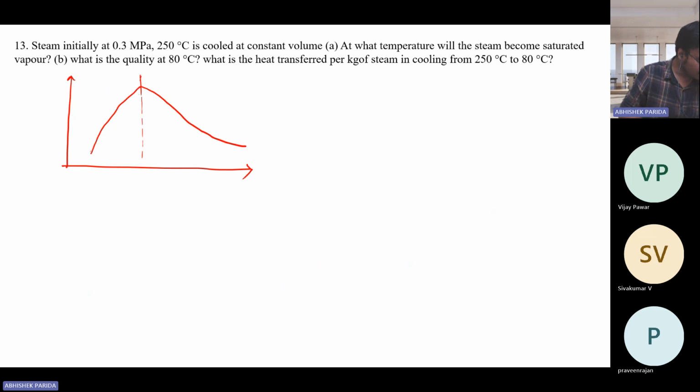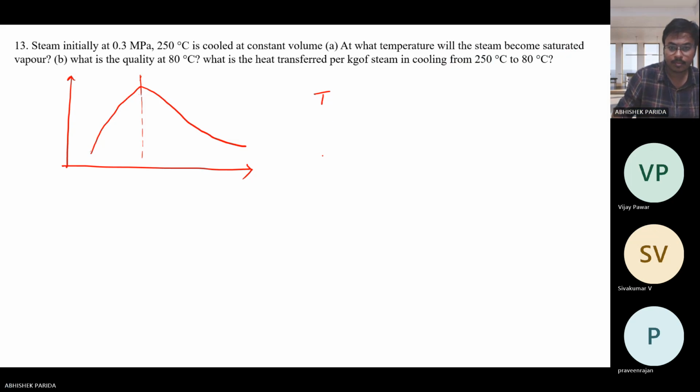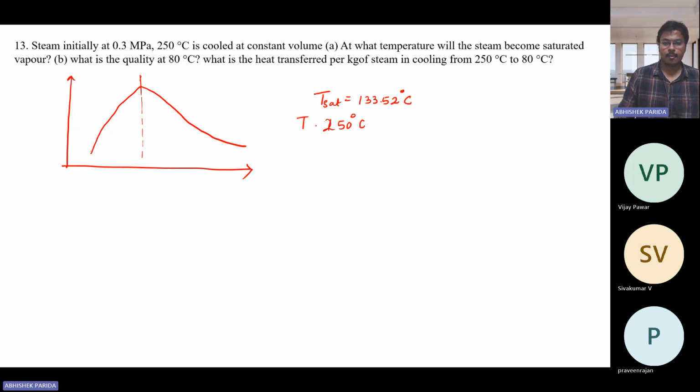At 300 kilopascal, T saturation is 133.52 degrees Celsius. But we are given that it is 250 degrees Celsius. So which is more? That is superheated.